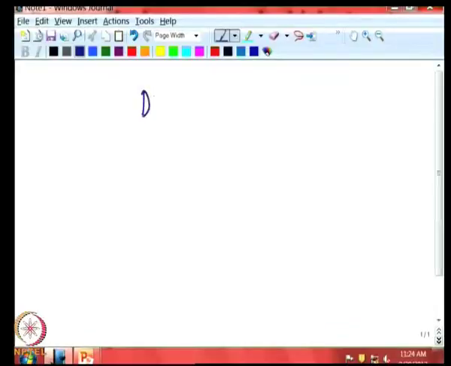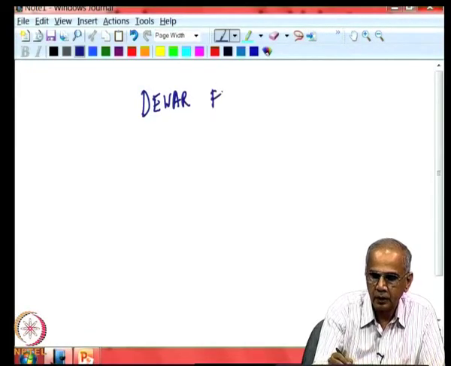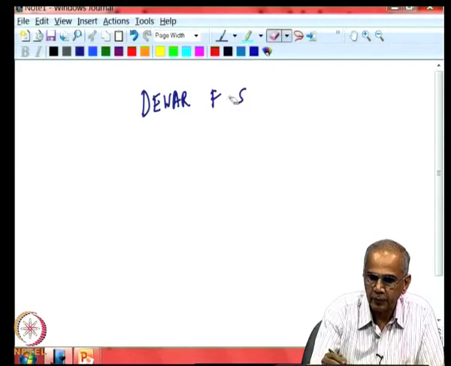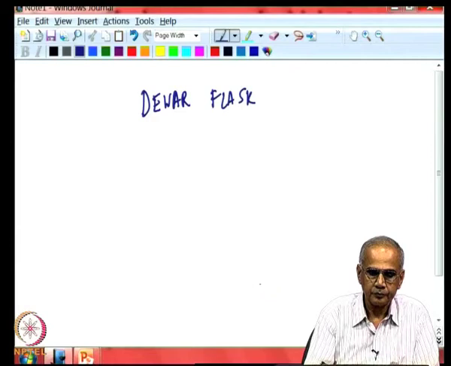The example I am going to take is a Dewar flask. All of you have seen it in many situations where people carry liquid nitrogen in these flasks to their laboratories.